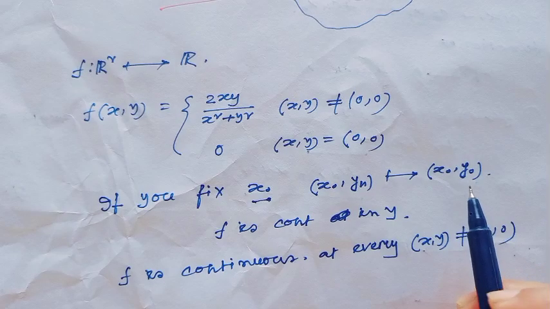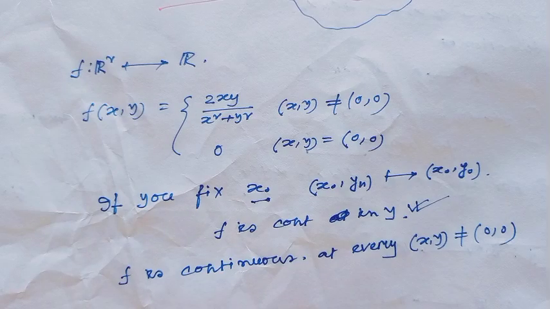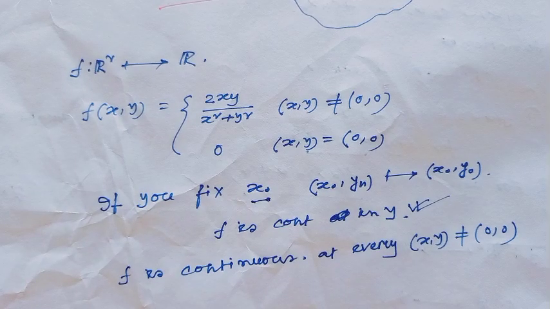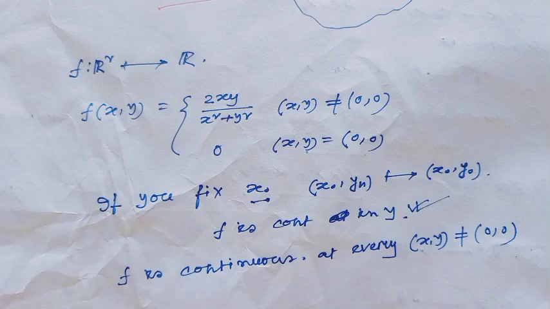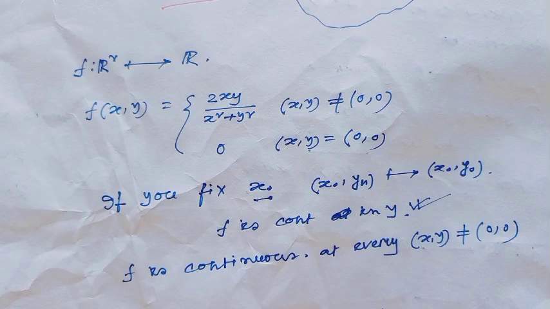That means f is continuous in y. Similarly, if we fix y naught, then f is continuous in x. That means f is continuous at every (x, y) not equal to (0, 0).